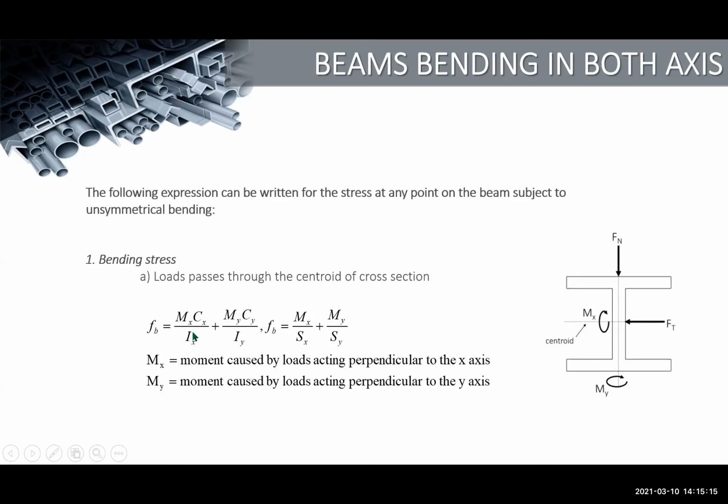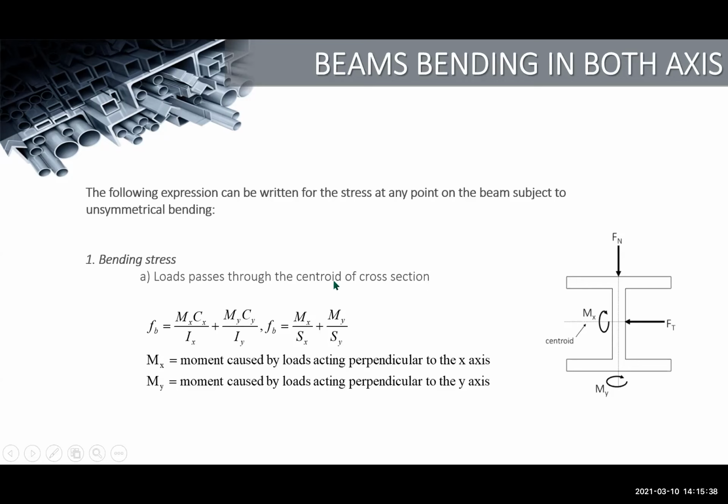So again, di ba sabi ko, your I over C is similar with your S. So pwedeng ito yung equation. Pwede naman M over SX plus M over SY. So depende kung ano yung given. Pero pag ang binigay sa given is both I and S, of course, mas maganda na gamitin nyo yung section modulus since mas maikli yung equation.